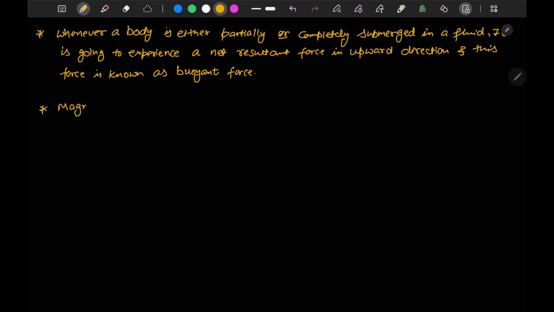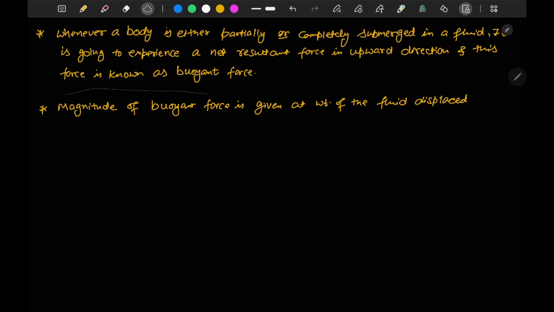The magnitude of buoyant force is given as the weight of the liquid or weight of the fluid displaced, and this is also known as your Archimedes principle, or let me mention this point in Archimedes principle only.